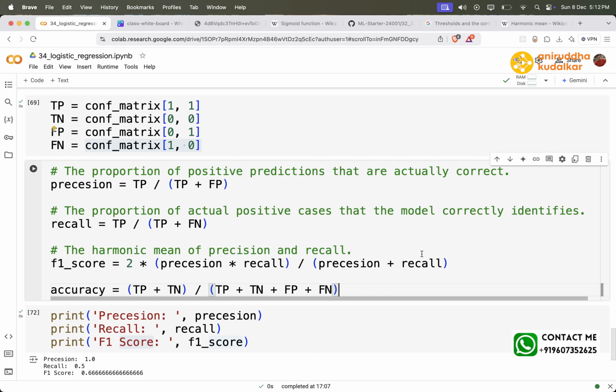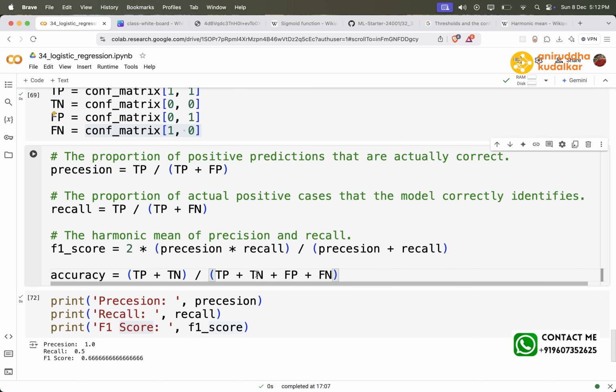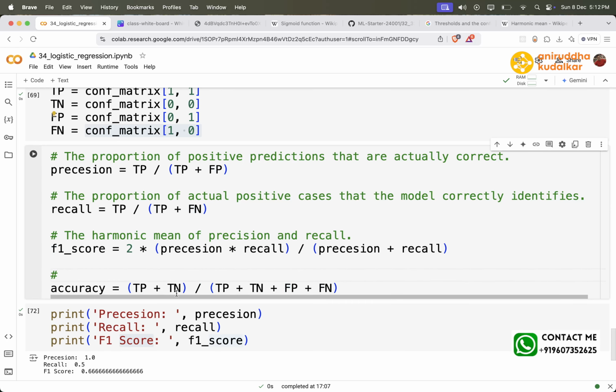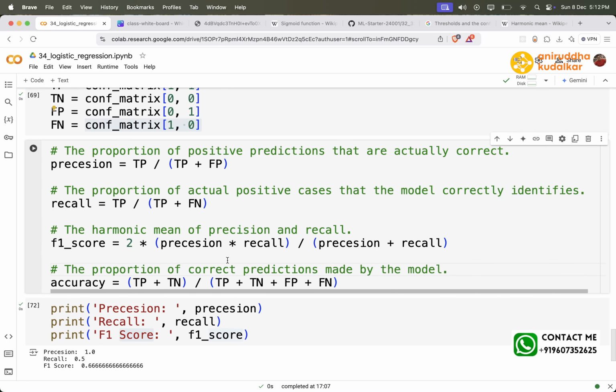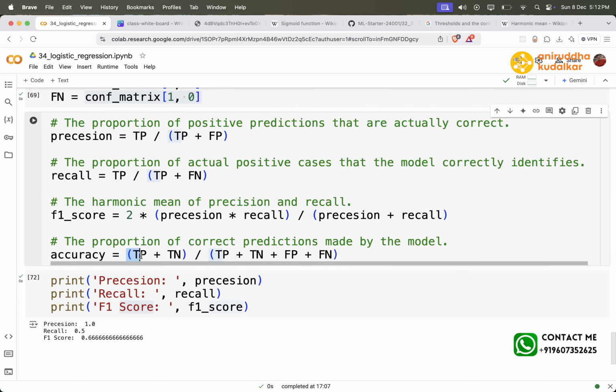Accuracy is calculated as true positives plus true negatives upon true positives plus true negatives plus false positives plus false negatives. When you talk about accuracy, it is also a proportion. If something is getting divided, it is a proportion: the proportion of the correct predictions made by the model upon all the predictions.